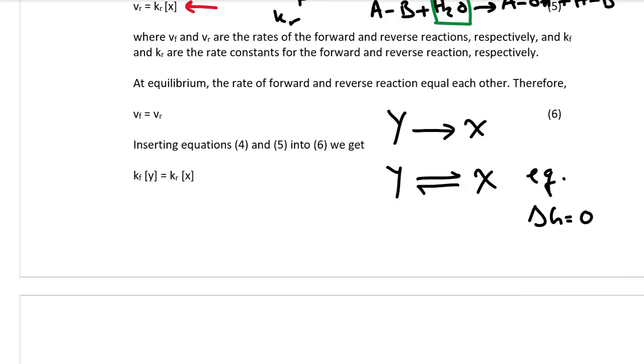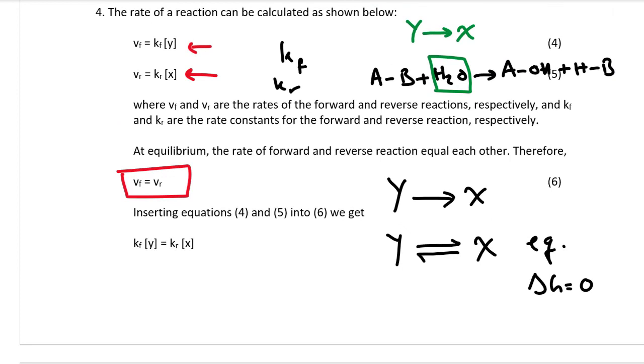So what we have shown here is that the rate of the forward reaction equals the rate of the reverse reaction. And now for VF and VR, we're just going to plug these equations in. Okay? And that's what we have done here. We have, for the forward reaction, Kf times the concentration of Y, and for the reverse reaction, we have Kr times the concentration of X.